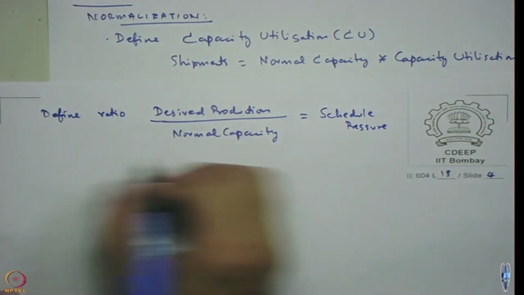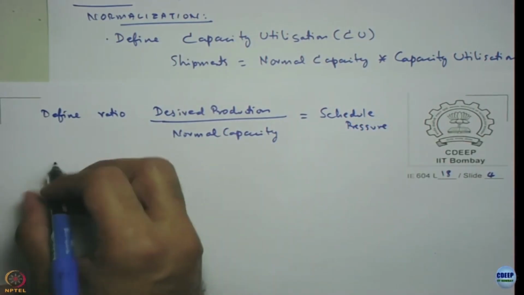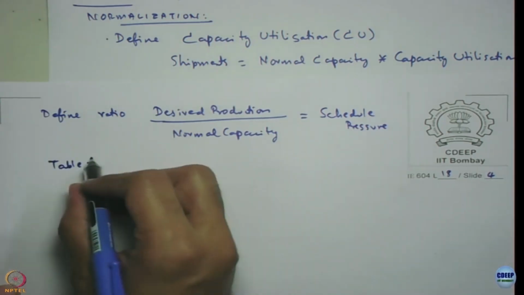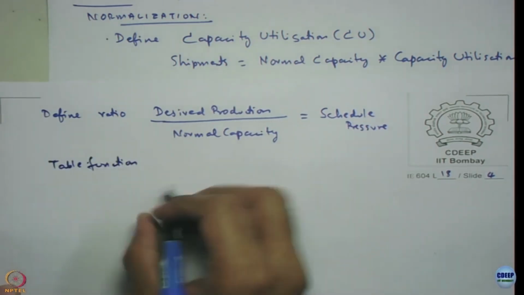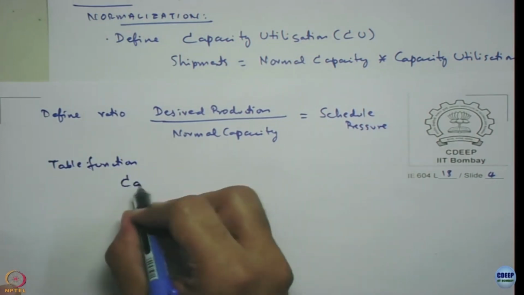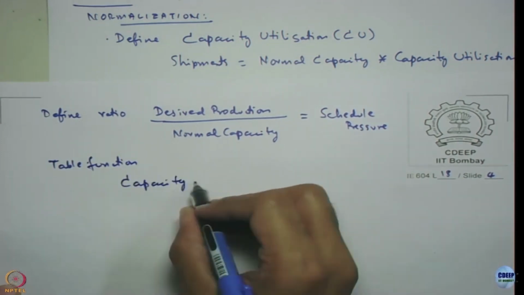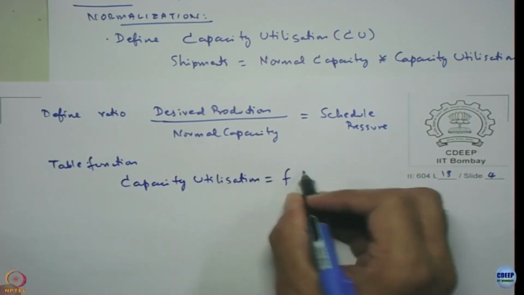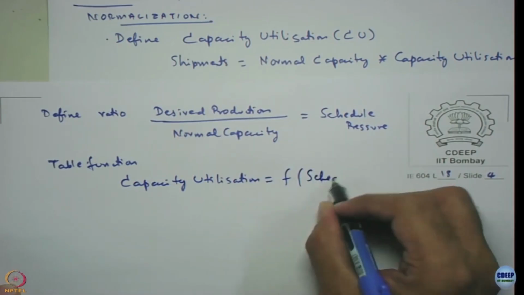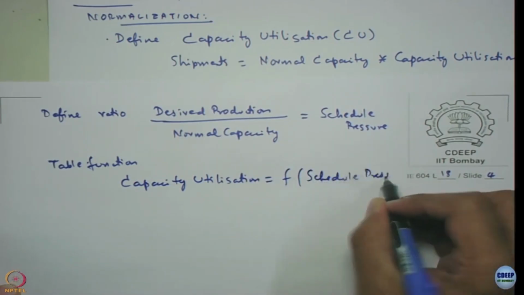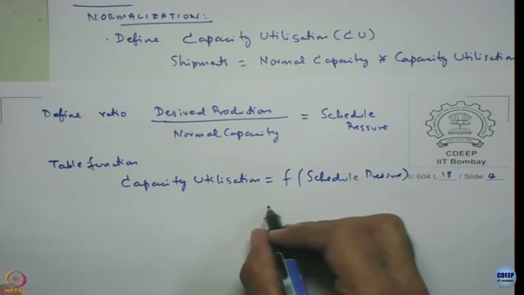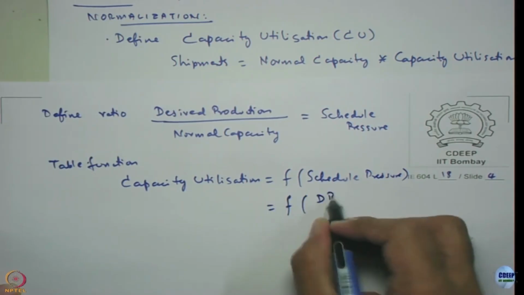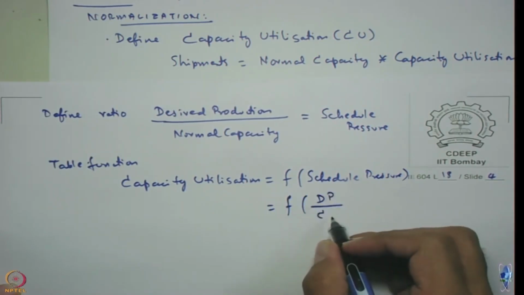Now, finally, the normalized function or the table function is going to be defined for this term, where capacity utilization is a function of schedule pressure, which is nothing but a function of desired production by capacity.